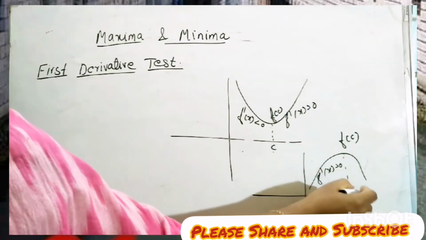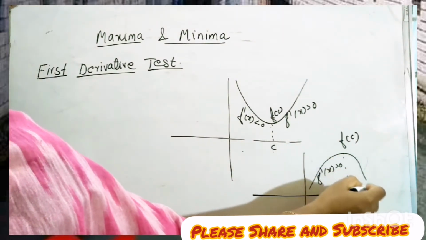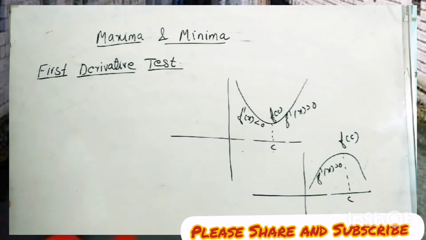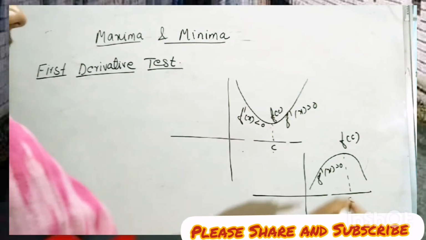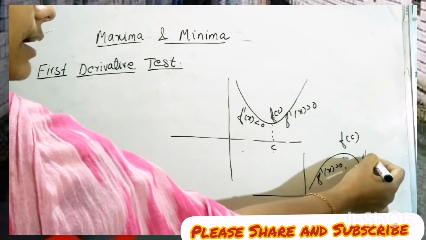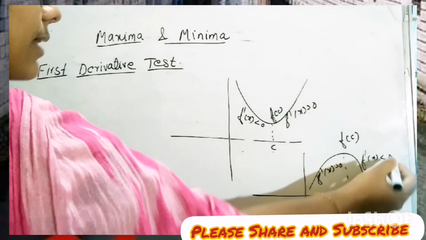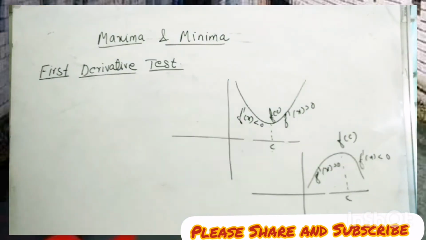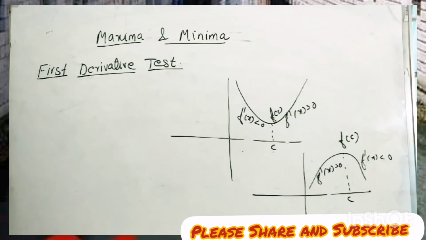And to the right of c, the height of the graph decreases. Therefore, here the sign of f dash of x is less than 0.